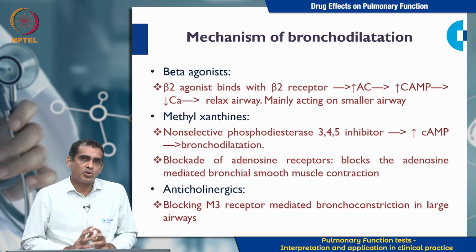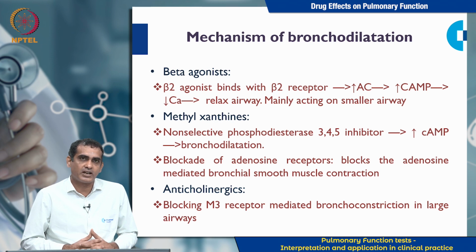I told you we have two categories of medications in bronchial asthma: bronchodilators and immune modulatory agents. Immune modulatory agents modulate the lung function only on long-term use, but bronchodilators, even with one dose, can modulate the lung function and influence the pulmonary function tests. These are beta-2 agonists, methylxanthines and anticholinergics.